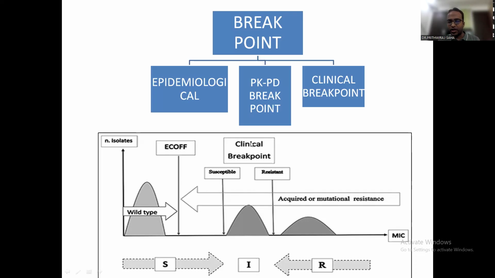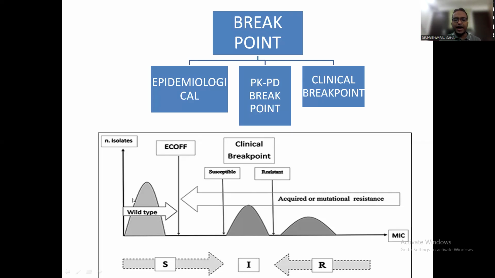But when it comes to the clinical breakpoint, it is shifted a little forward, because some resistant bacteria are also covered in the clinical breakpoint. What I mean to say is that even bacteria having a small amount of resistance become sensitive to the antibiotics.